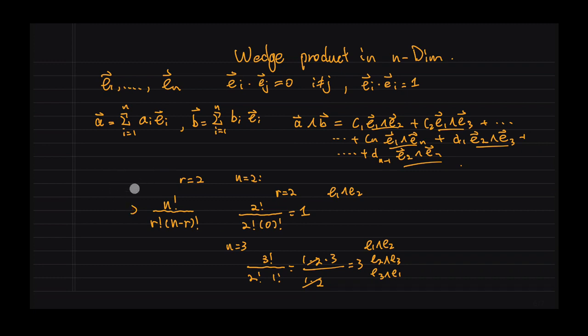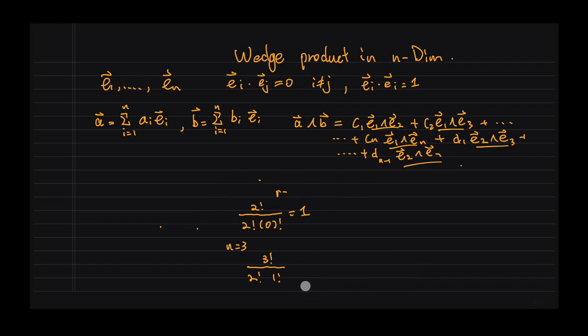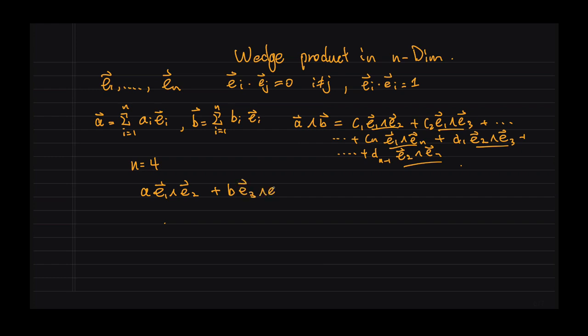One thing quite important to mention is that in 4 dimensions you can have a E1 wedge E2 plus b E3 wedge E4.